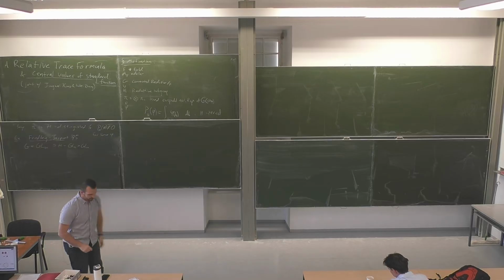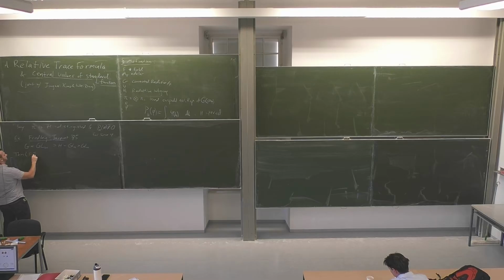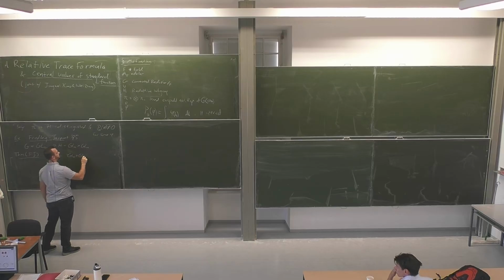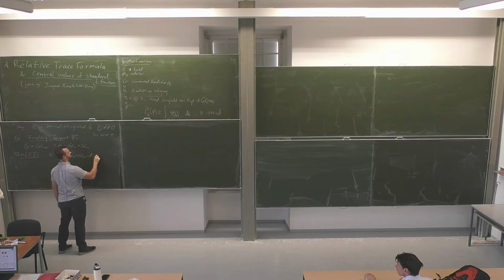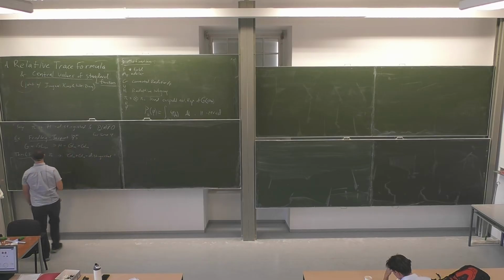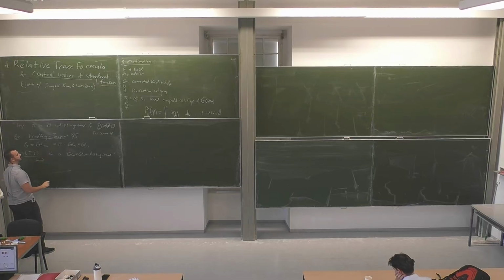What did they prove? That pi is H distinguished, write that out, GLN cross GLN distinguished, if and only if the following two things hold.